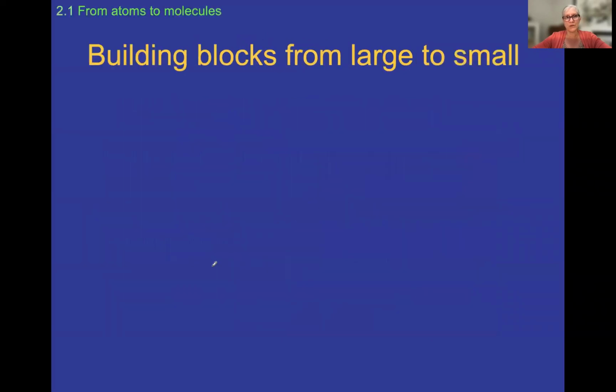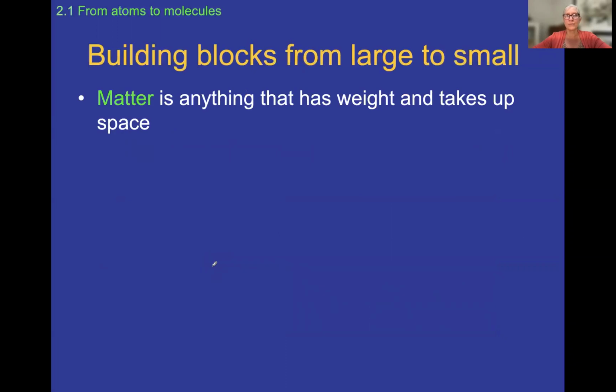As we move on to define what makes up the world, and then what makes up us, we start with this word matter. Anything that takes up space and has weight is matter. So organic things like humans, food, trees, and inorganic things like the mouse right here, they're all matter, including the air.